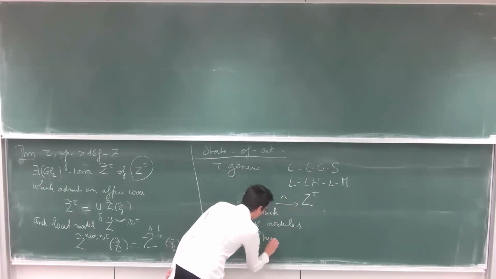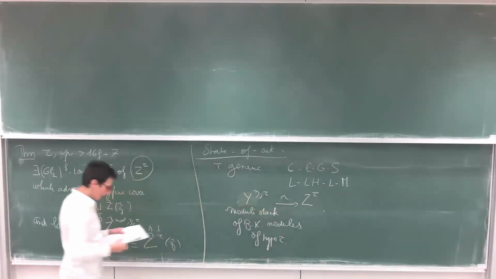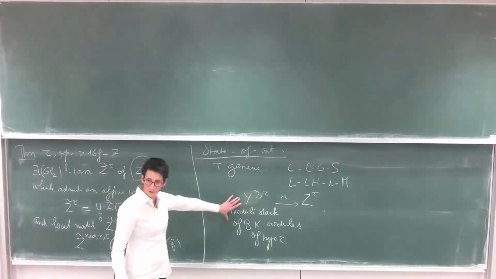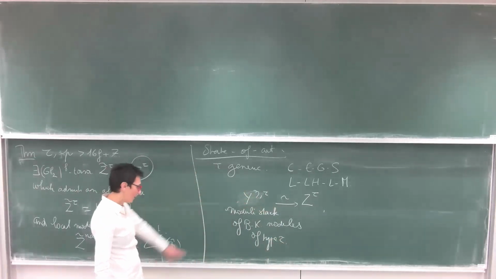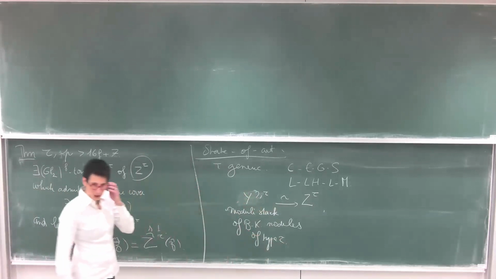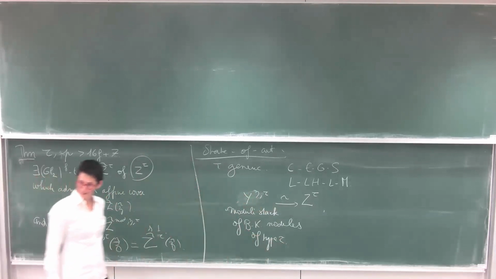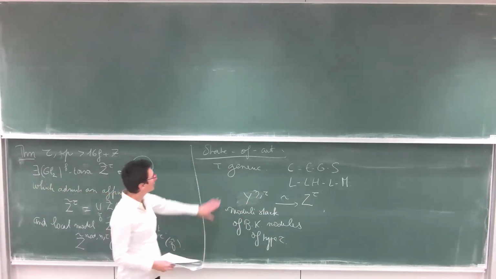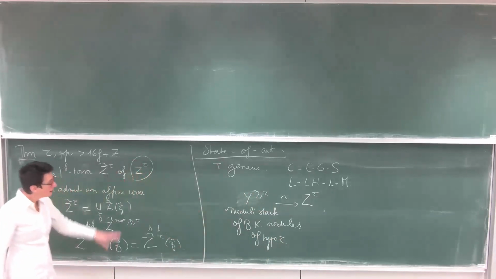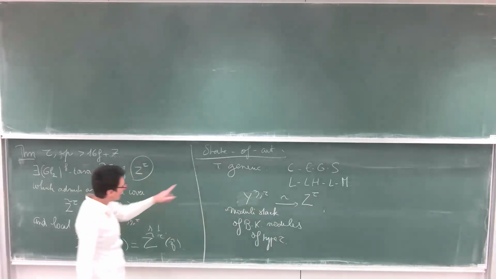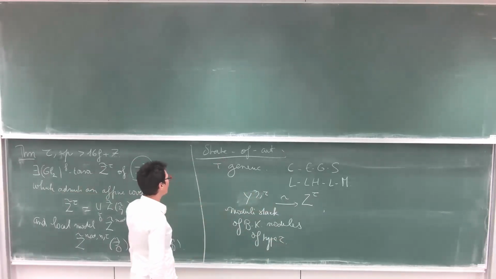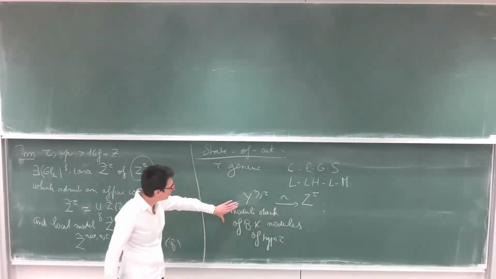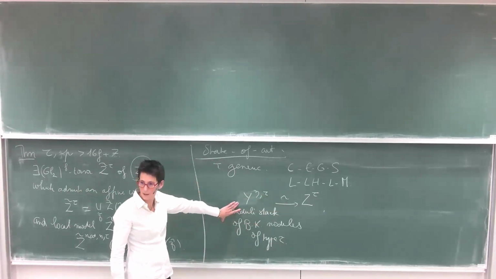Right, I didn't define this object, but I will give you a description of this one. I will not define what a Breuil-Kisin module is. I changed my mind, but I will give you a presentation of this object. Okay, so in the case of generic type, we have this nice description, and we know a local model of this object.